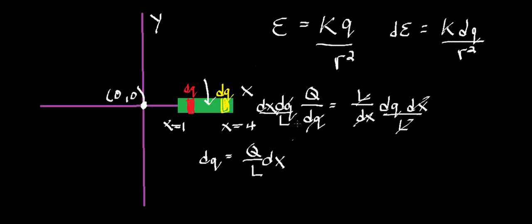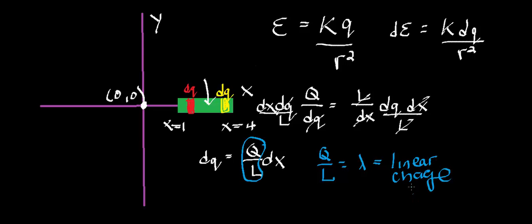This term, Q over L, at least in the case of a rod that's really thin, is called lambda, the linear charge density. In this first example, I'm going to give you a total charge that doesn't depend on the distance on the x-axis from the origin.